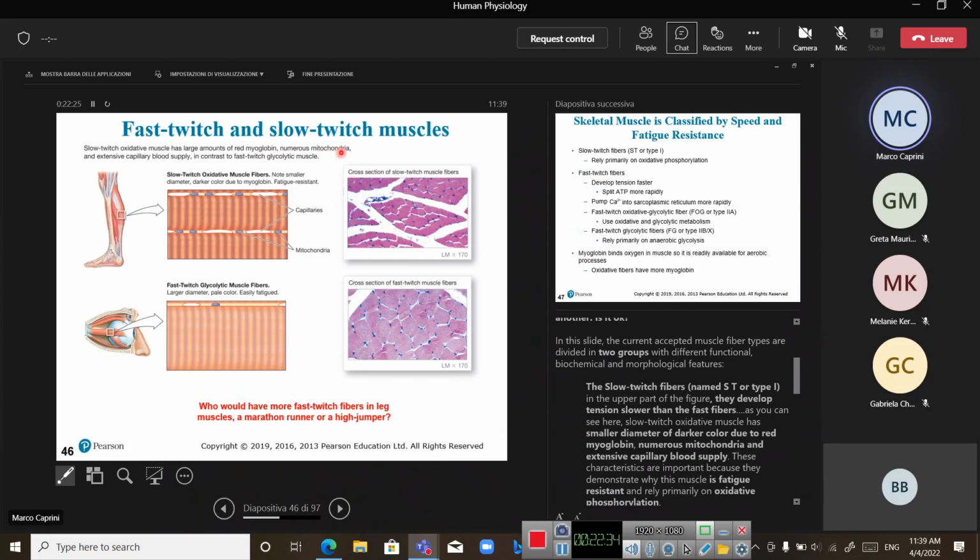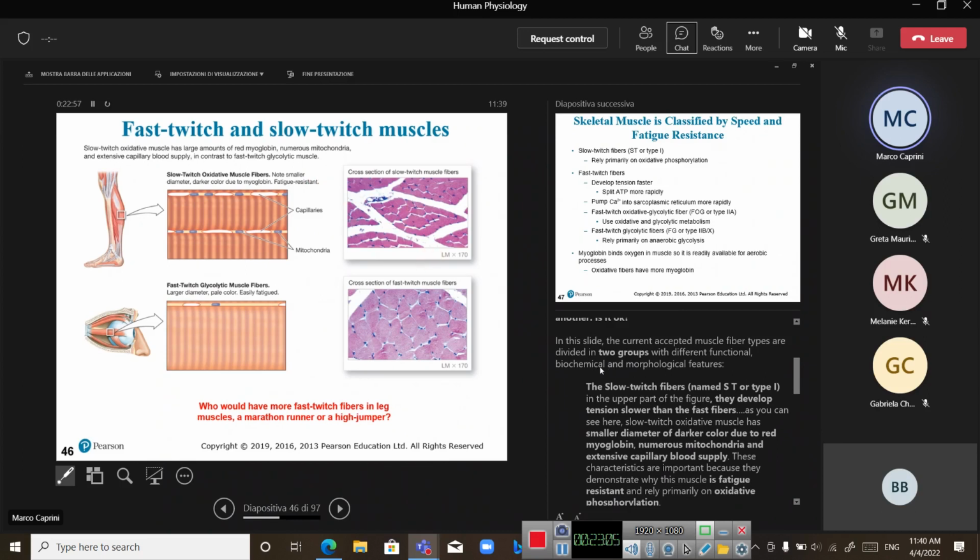They have more numerous mitochondria and an extensive capillary blood supply. So, all these characteristics are important for the slow twitch oxidative muscle fiber because they demonstrate why this muscle is fatigue resistant.